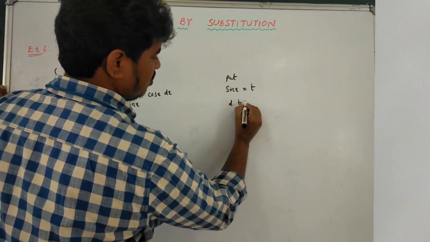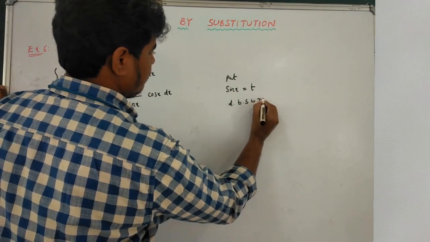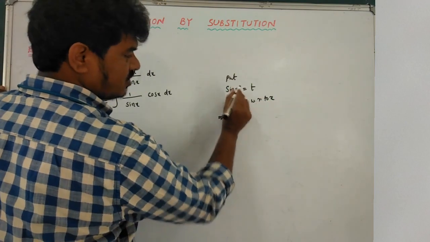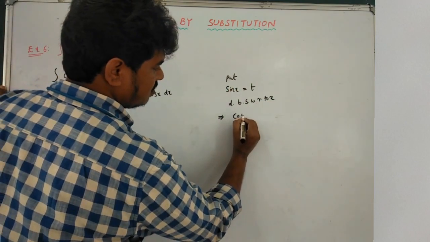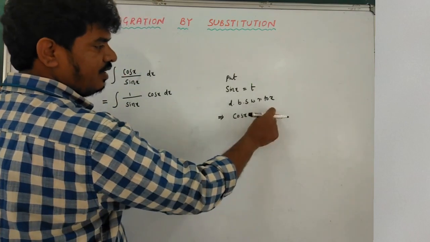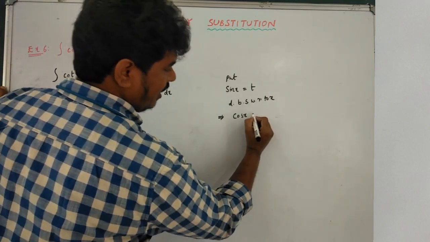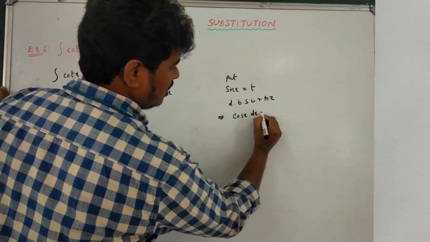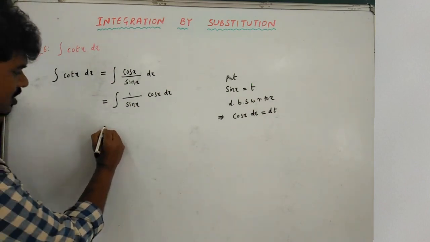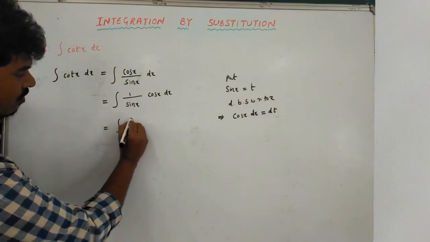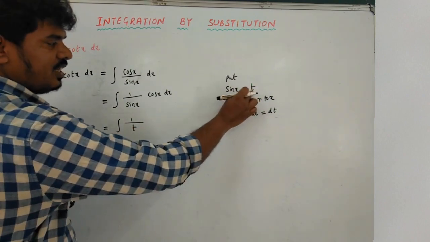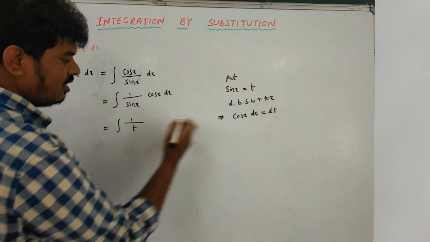Differentiate both sides with respect to x. The derivative of sin x is cos x. The derivative of t is dt by dx. I am taking the dx to the left side. So cos x dx equals dt. So this can be written as the integral of 1 by sin x, which means t, and cos x dx means dt.